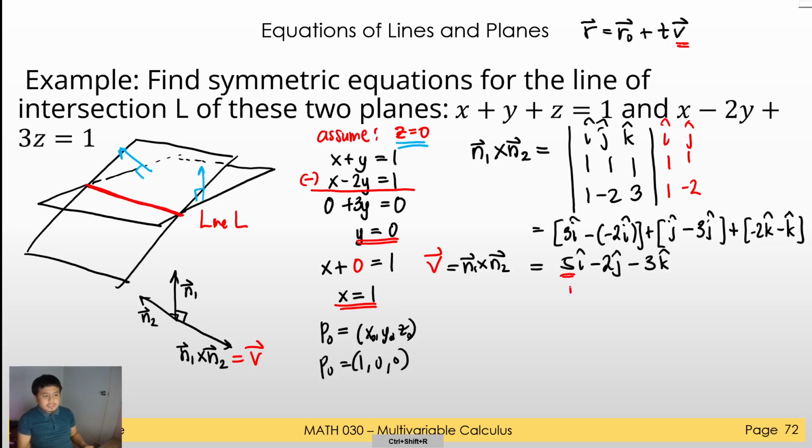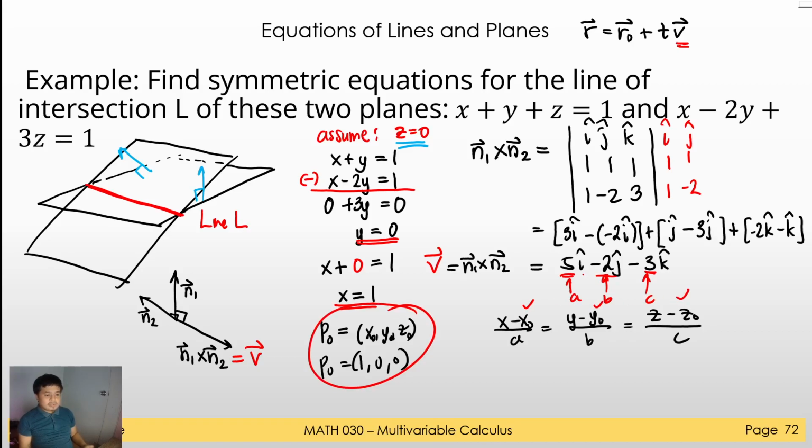So therefore, we can say that this is your a, this is your b, and this is your c for your line. So for the symmetric equations, we have x minus x sub 0 over a is equal to y minus y sub 0 over b is equal to z minus z sub 0 over c. Therefore, we can substitute the initial point and also this a, b, and c.